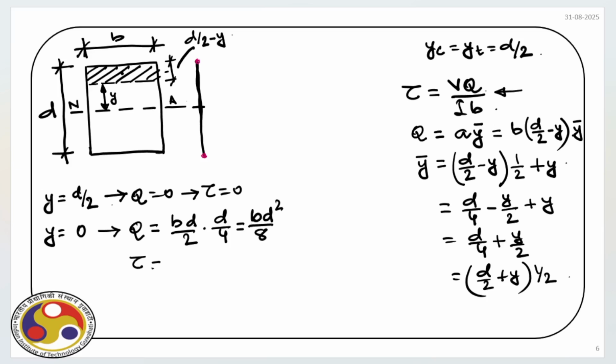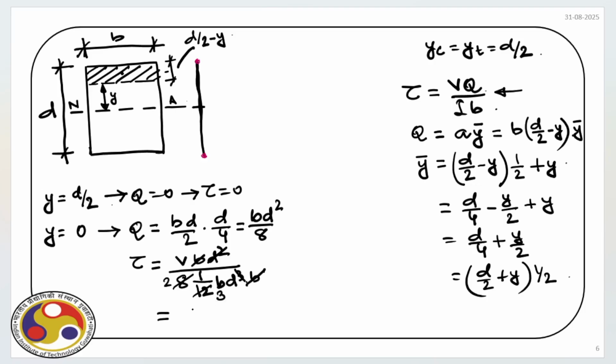So tau is equal to V, in place of Q we can write B d square by 8, and then we have I times B. Now in place of I we can write 1 by 12 B d cube, times B. So now if we solve this expression, we can cancel this B, and then this d square with d cube will leave a d in the denominator, and then here we have 2 and 3.